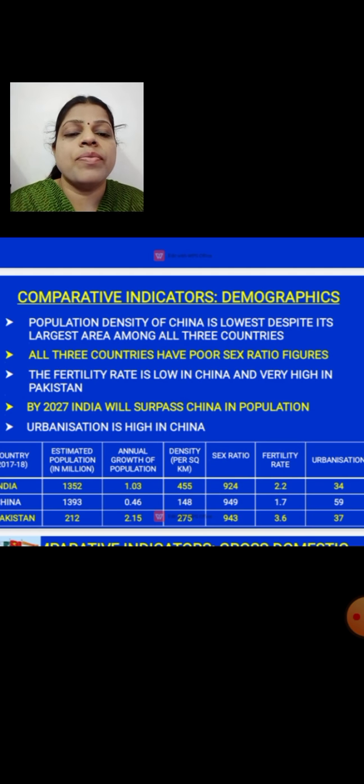So children, these are the various indicators, statistical measures given for this demographic structure. So these are the various indicators as well as other economic and socio-cultural transformations that happened to the other countries.